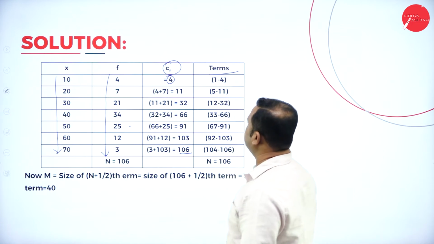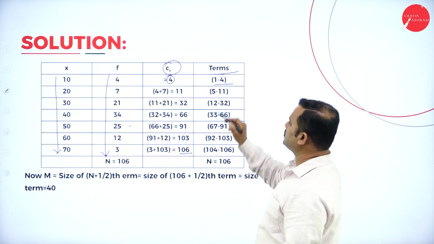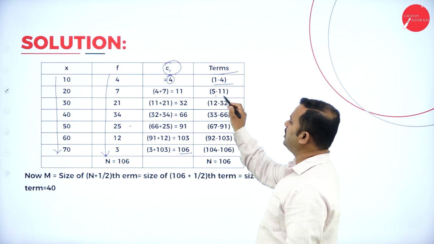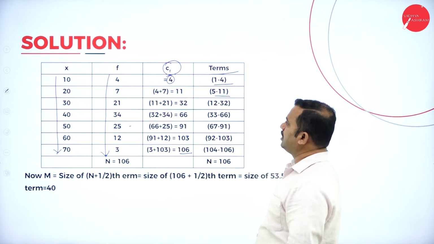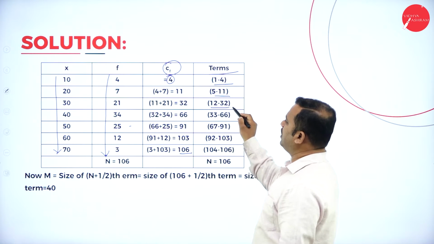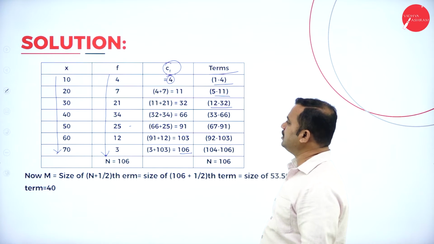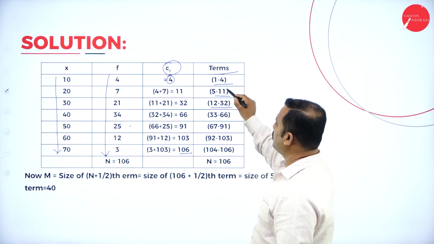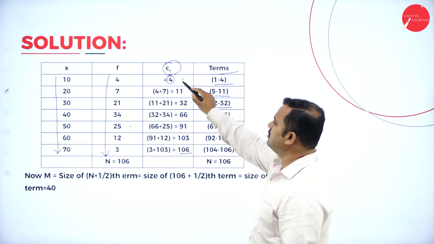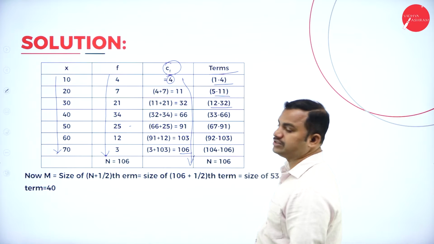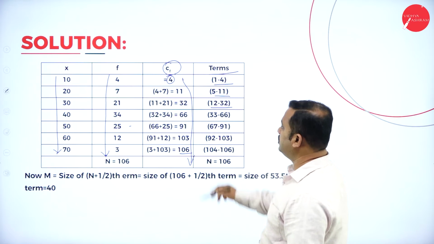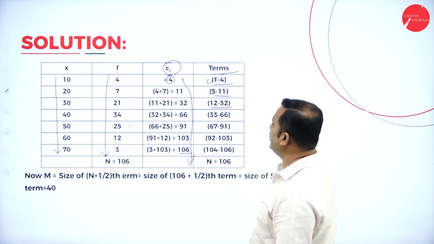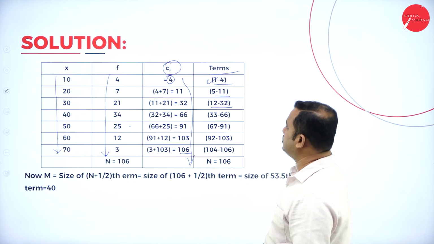Then the terms like this: 1 to 4, 5 to 11, 12 to 32. How did I get these values? 4, 11, 32 from the cumulative frequency distribution values. Then how did I get 1, 5, 12, 33?